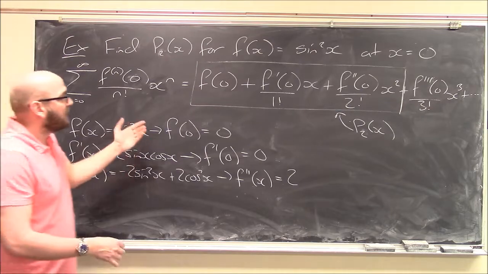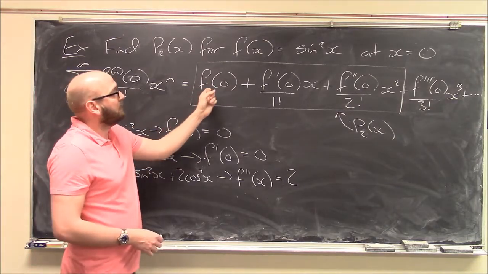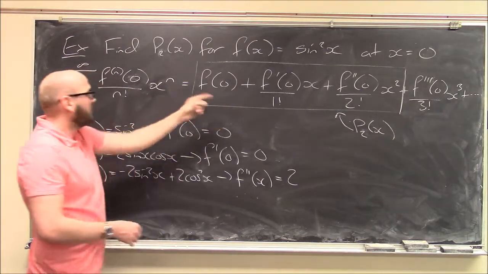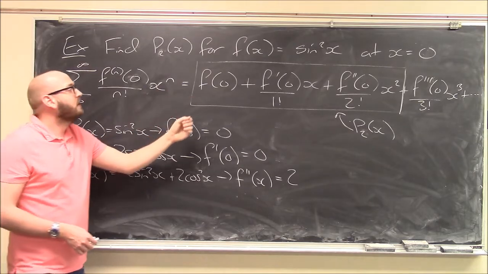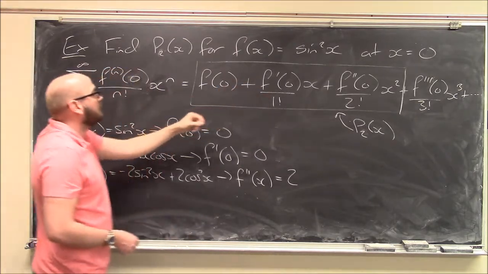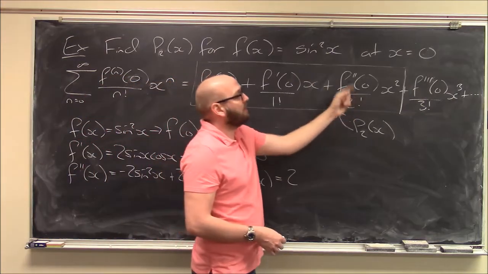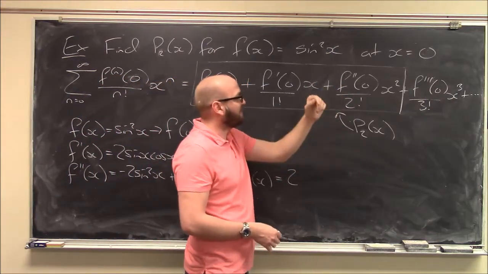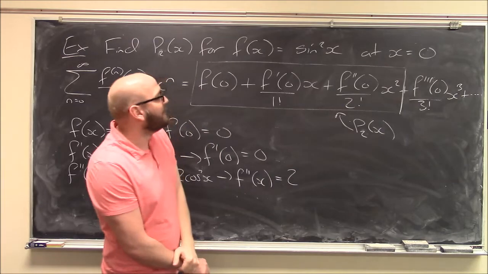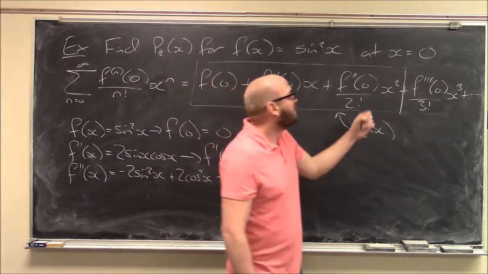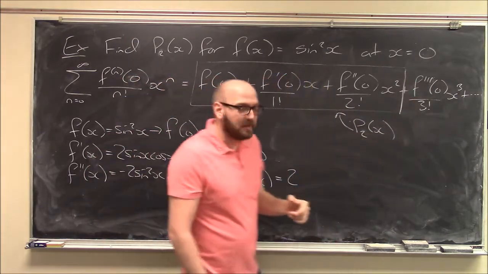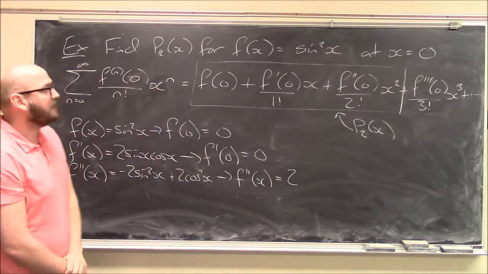If I expanded this out, this looks like f at 0 over 0 factorial, which is just 1, plus f prime of 0 over 1 factorial times x, plus f double prime at 0 over 2 factorial times x squared plus f triple prime at 0 over 3 factorial times x cubed, and so on, right?